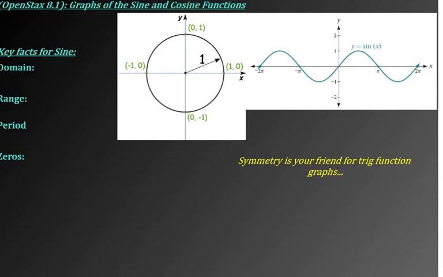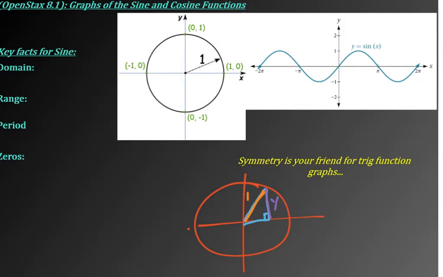But basically, the graph of sine and cosine comes straight out of the unit circle, right? The really important thing to remember is in the unit circle, let's just take this triangle right here. Remember that this is 1, the hypotenuse, then there's this y here and this x down here.